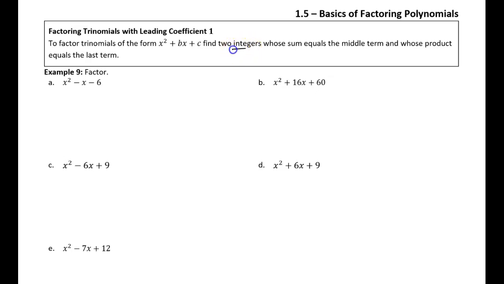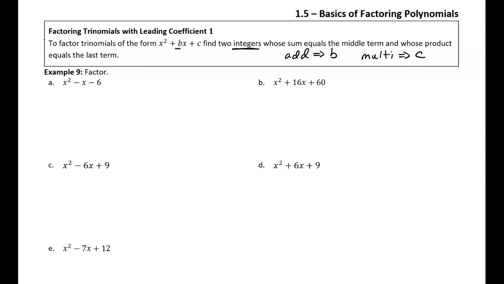The integers, they could be positive, they could be negative numbers, so that when we add the 2 numbers, we get the value of b. And then when we multiply, we get the value of c. We get the last term. So using this method amounts to finding these 2 numbers.